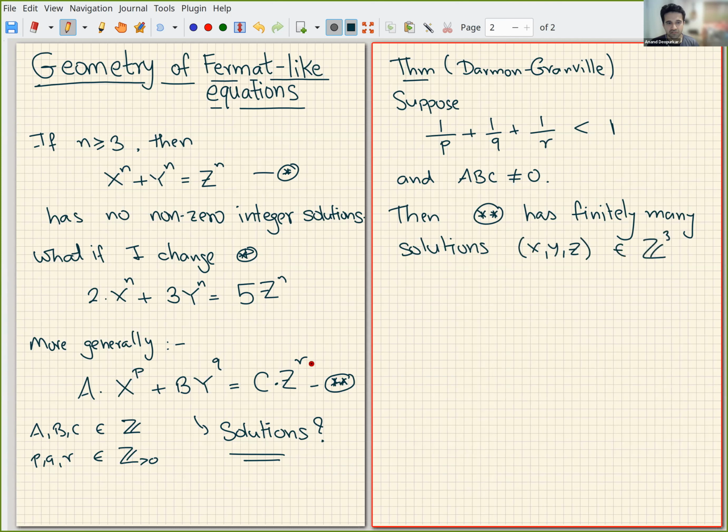And for reasons that will become clear, you have to disallow solutions that have a common factor. So let's say with GCD of x, y, z equal to 1, just as you do in Fermat's last theorem. I mean, imagine if it had a solution, you could always multiply it and get a new solution. So this condition will get rid of that kind of easy way of generating infinite solutions. So that's the theorem.